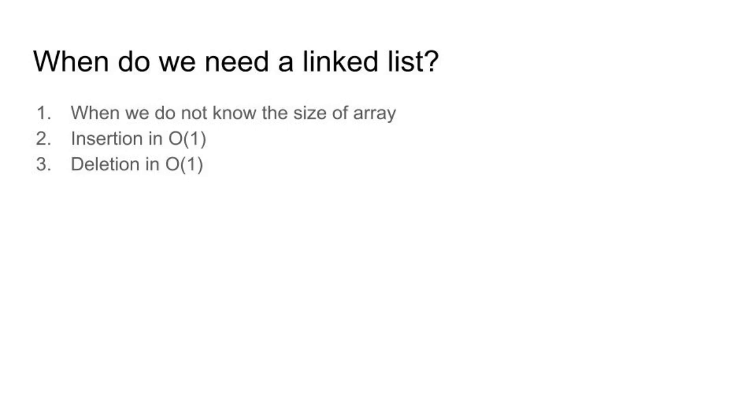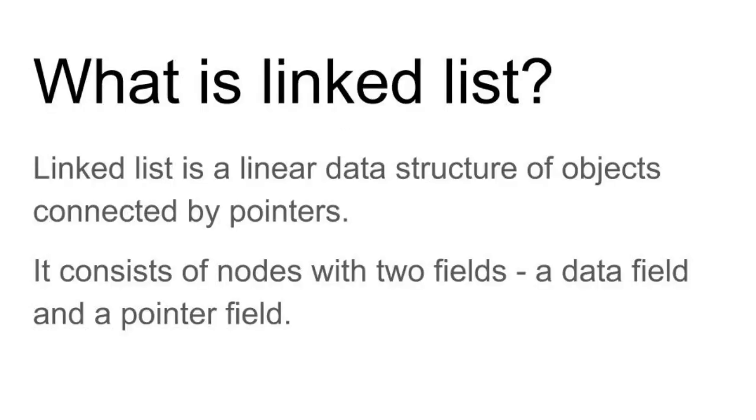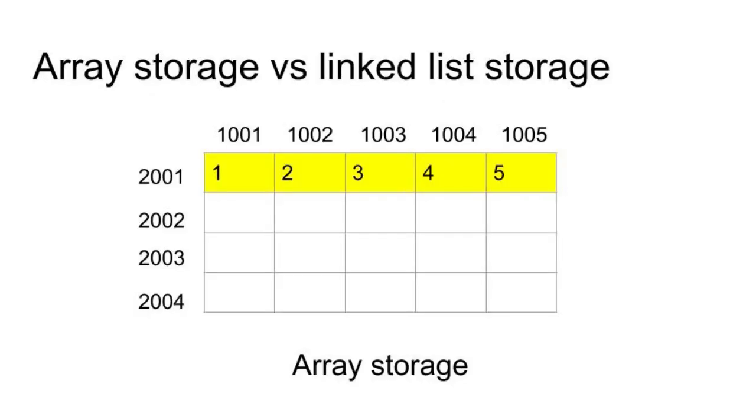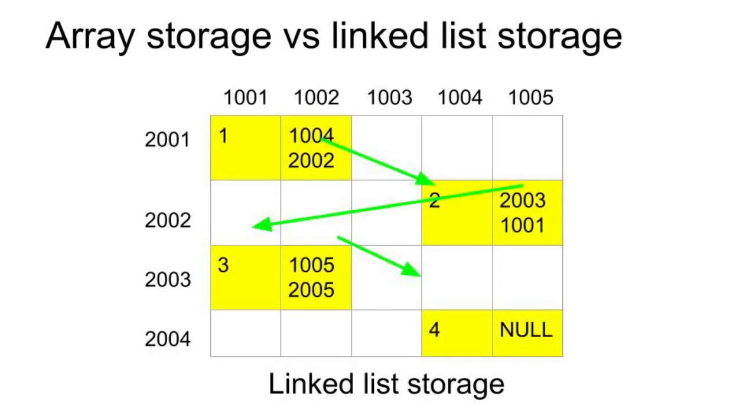Now let's see what a linked list actually is. A linked list is a linear data structure just like arrays, but it uses pointers to connect its elements. In an array we have a contiguous space of memory in which the elements are present, but in a linked list we use pointers. To do this, each element of the linked list is a combination of two fields: a data field and a pointer field.